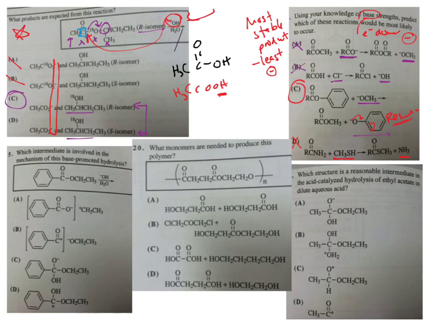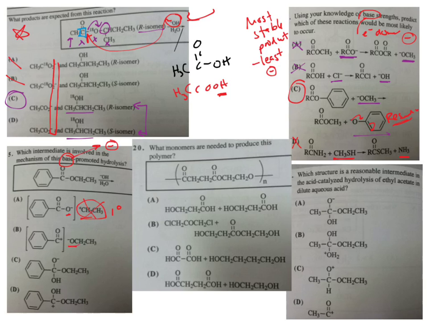Okay, 5. With 1 minute and a half left, 1 minute and 15 seconds. Which intermediate is involved in the mechanism of this base-promoted hydrolysis? Again, I see base. I think negative. Since I'm looking for an intermediate, I need to find negatively charged species. I have a negative here, but I have a positive. I don't like that. Not only is that positive, but that's a primary carbocation, so that's doubly awful.